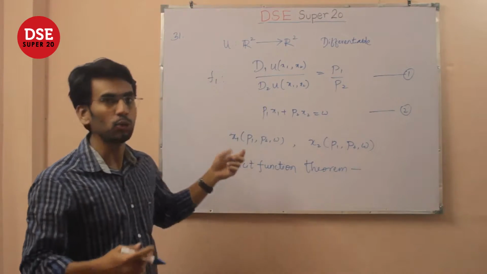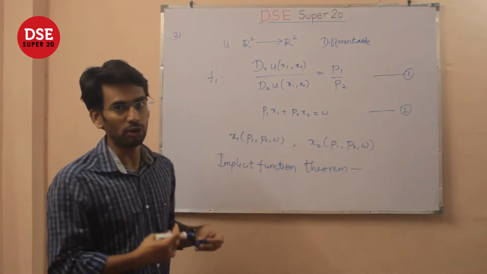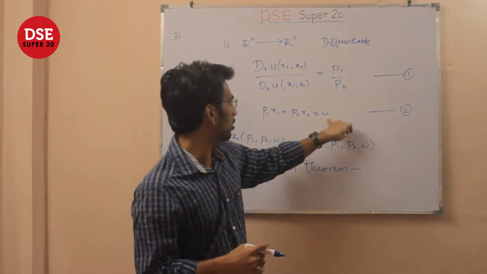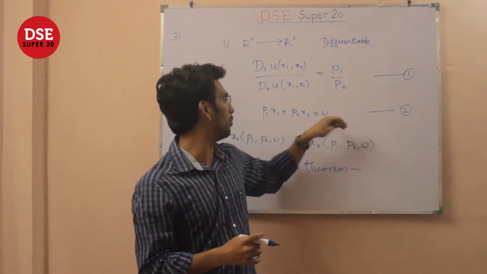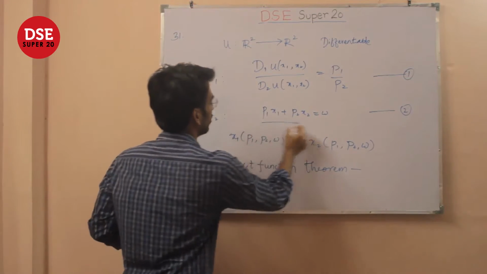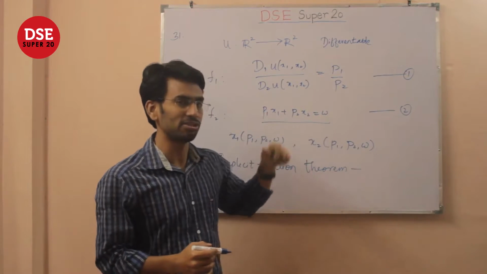This is something that you usually do when you are maximizing utility, either constrained or unconstrained. And in this case, it happens to be constrained because the income is given to be w. And the second function f2 is nothing but the binding income constraint, the budget constraint, let's say.